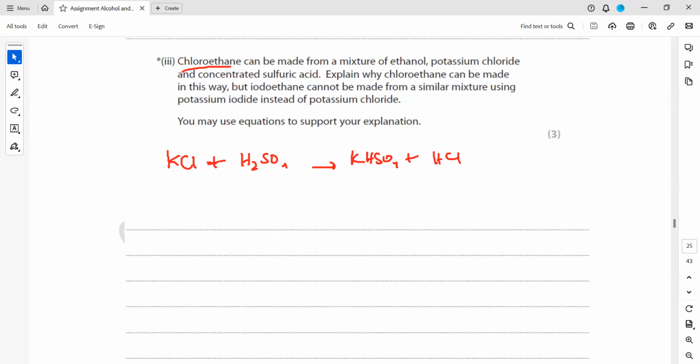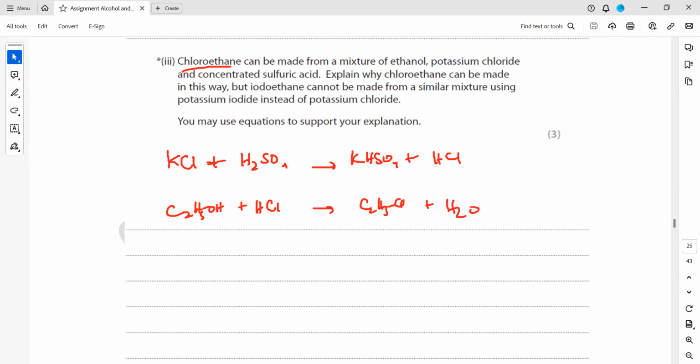And this HCl which is produced will not react further with the sulfuric acid. So this HCl will react with ethanol, C2H5OH, to produce C2H5Cl, chloroethane, plus water.